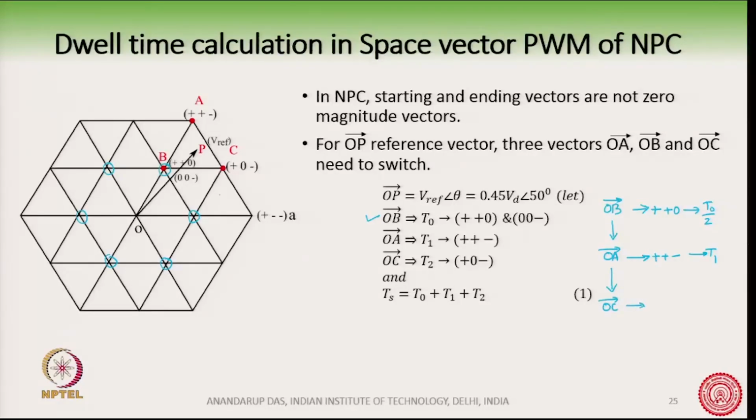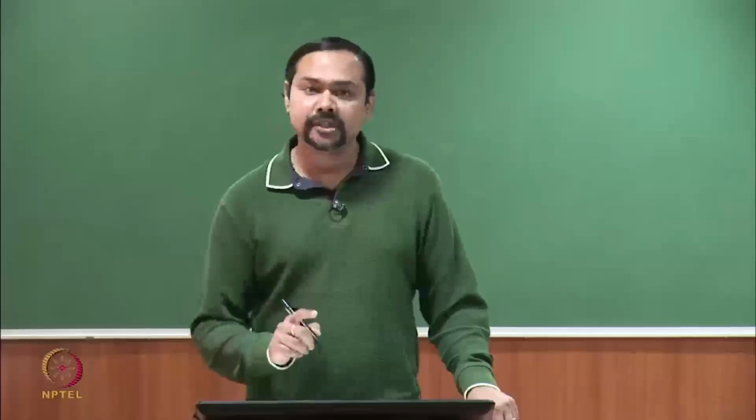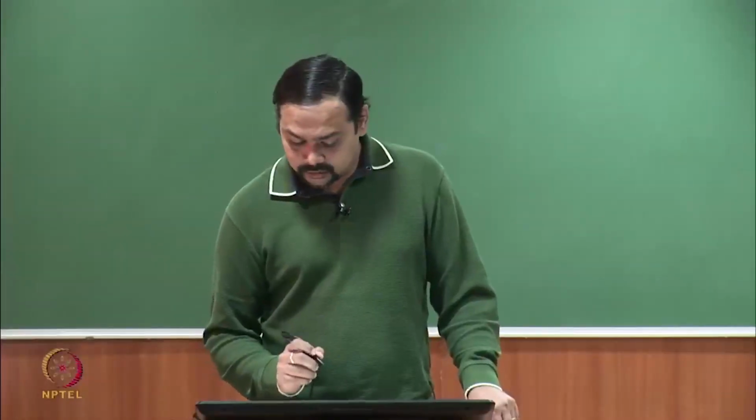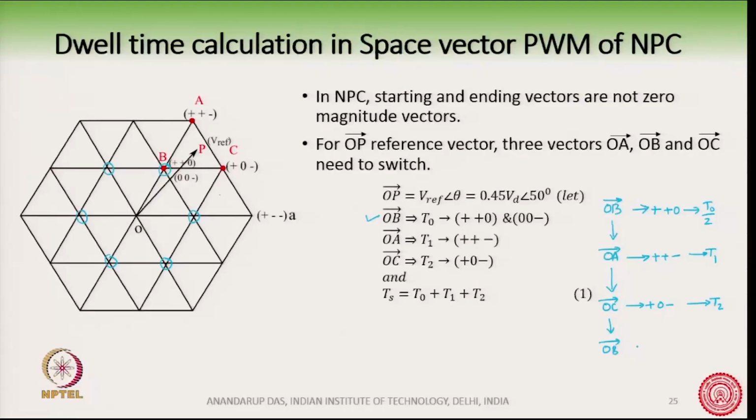OC vector is plus 0 minus and we will switch for T2 period and then we will switch again OB vector, but now the other multiplicity of OB vector, which will be 0 0 minus, and then again we can switch it for T0 by 2 period. So this total is equal to Ts. This is how the total switching happens.